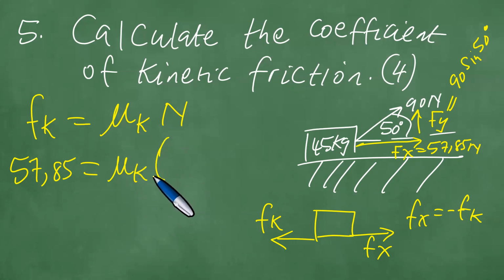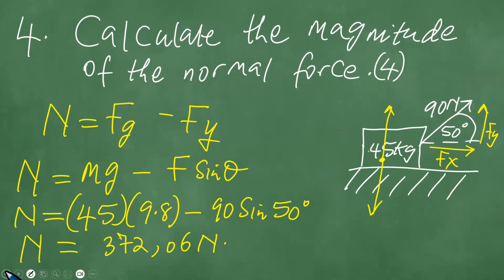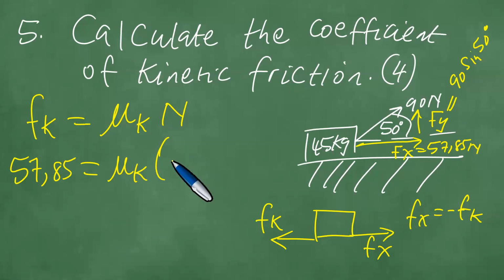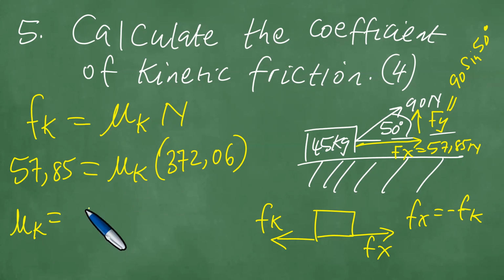The normal force is the one we got: 372,06 newtons. That's what you put here. We use capital N for the normal force, but we can use other symbols as well.